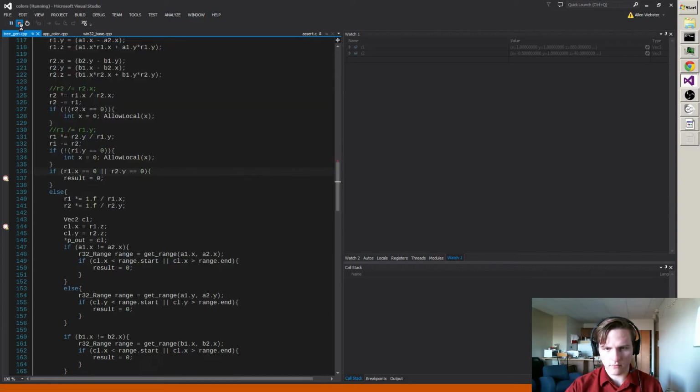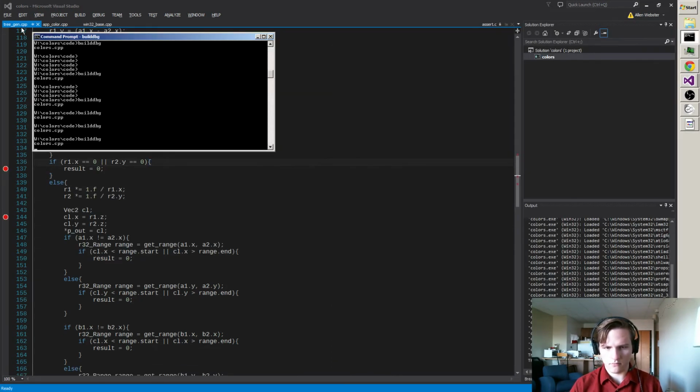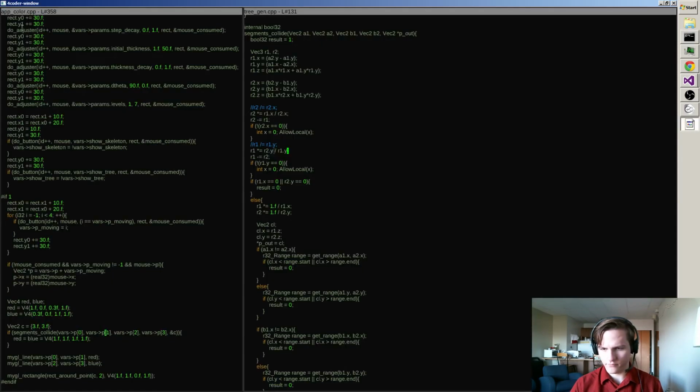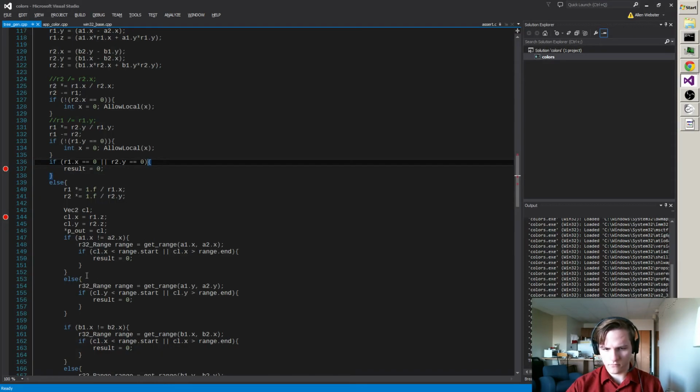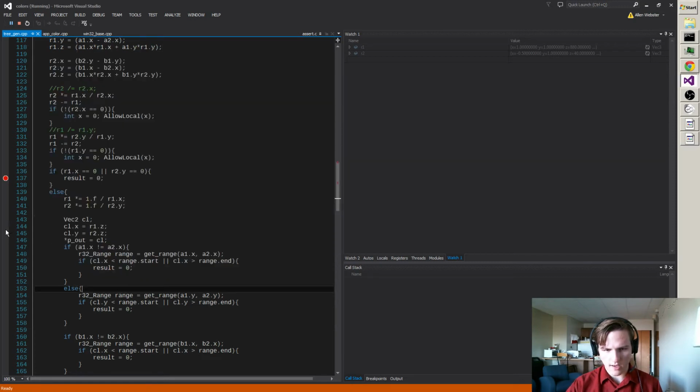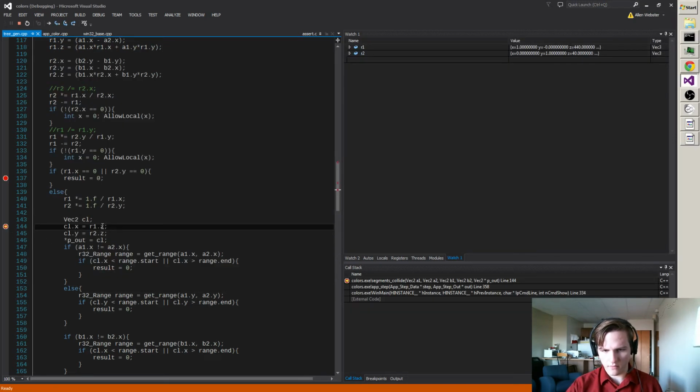Gotta rebuild it. Okay, so the math works here. So what is the actual values for z supposed to be? 440 and 40. Okay.